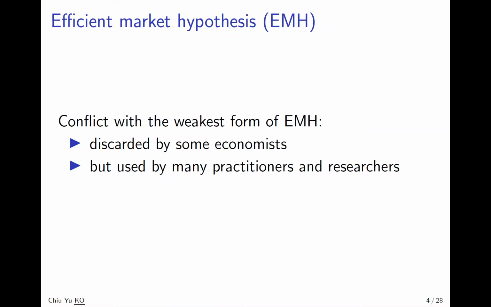Even if only some people knew it, they would trade so quickly that such a mispricing would disappear very quickly. That is the reason why, if you ask many economists, some of them think technical analysis is a superstition, something that is not normal, something that shouldn't be used at all.